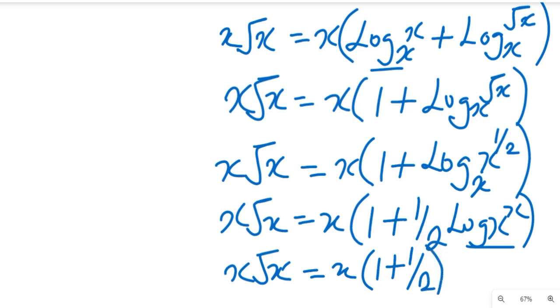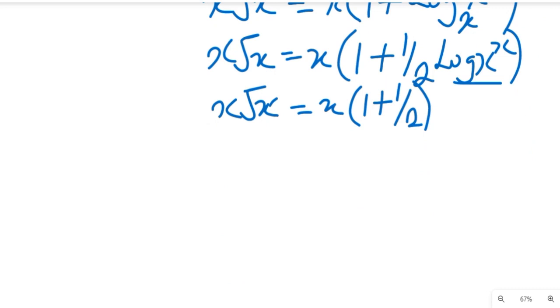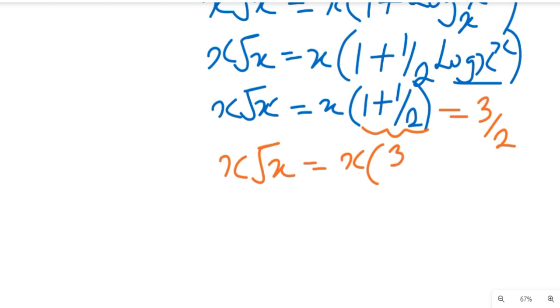Let's simplify that equation. x root of x will be equal to 3 divided by 2, x multiplied by 3 divided by 2. x is common, so x will clear x, and then we'll have root x equal to 3 divided by 2.